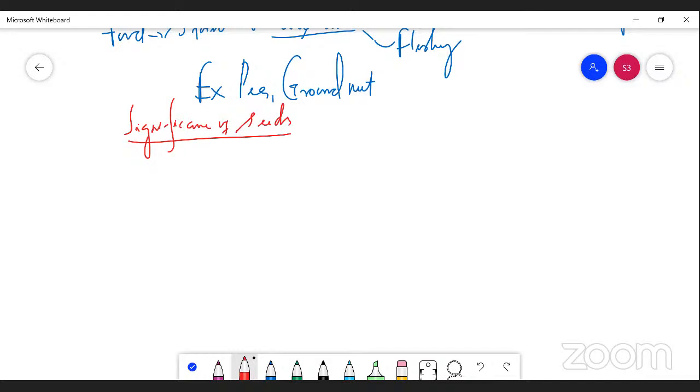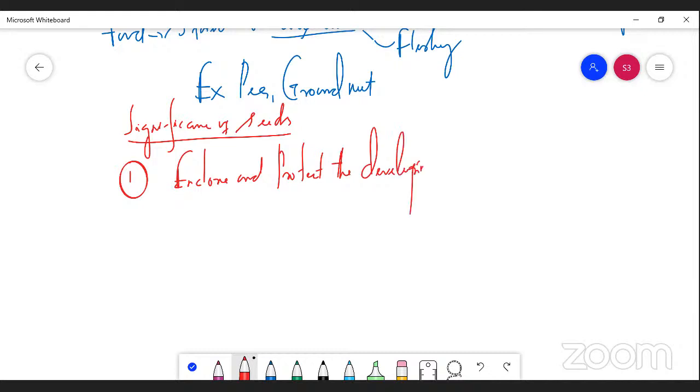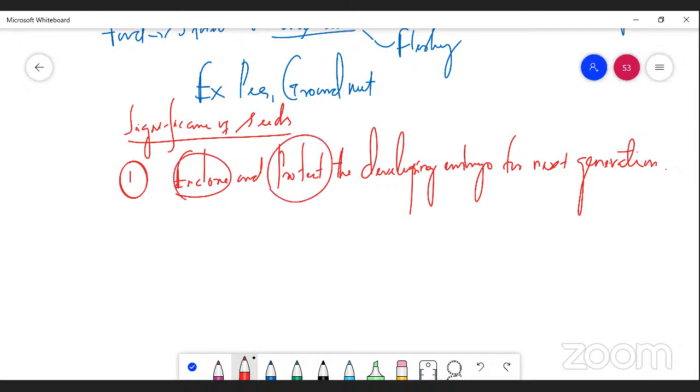The first importance: the seed encloses and protects the developing embryo for the next generation. The seed plays an important part in covering and protecting the embryo, from which the next plant develops. This is the first significance of seed.